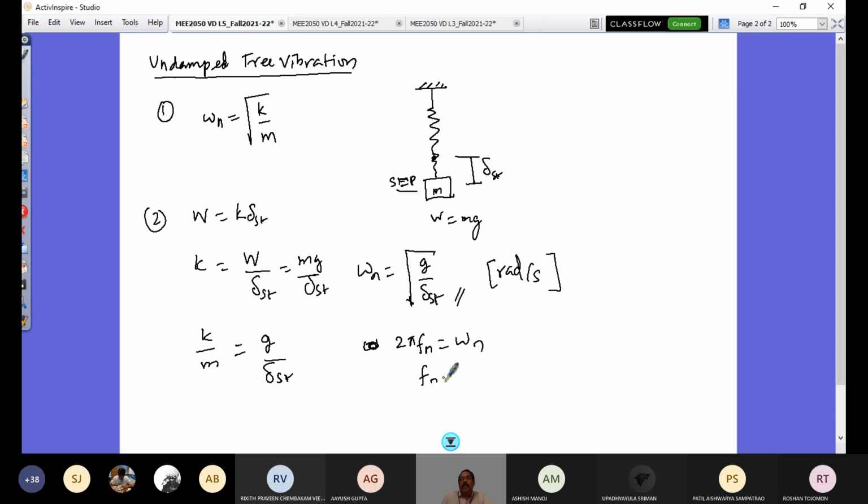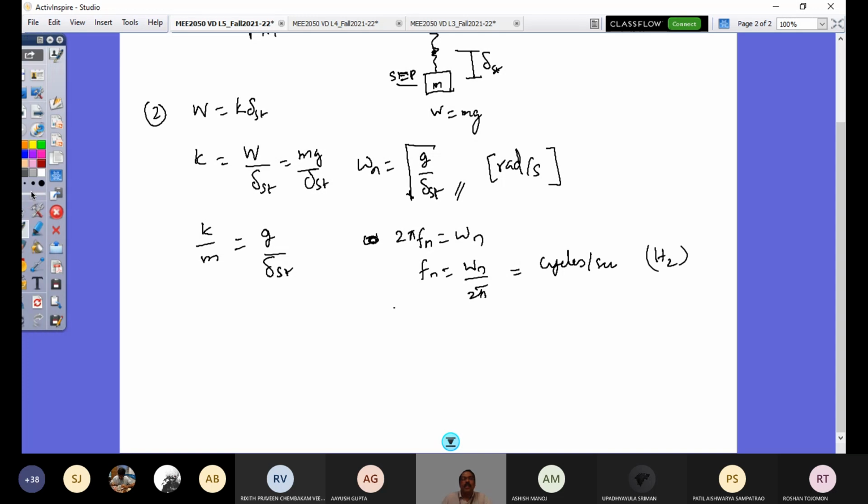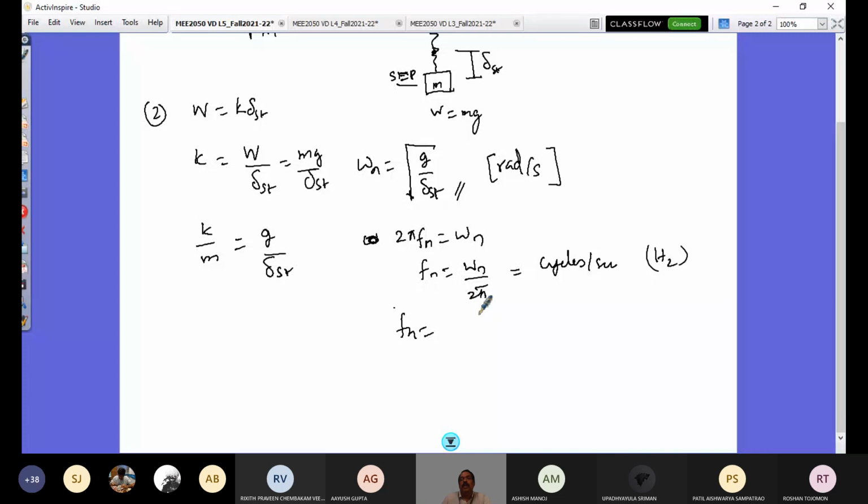So Fn would be omega n by 2 pi, and that's going to be in cycles per second, otherwise called hertz. So I can write my natural frequency in cycles per second as Fn is equal to 1 by 2 pi under root of g by delta st.